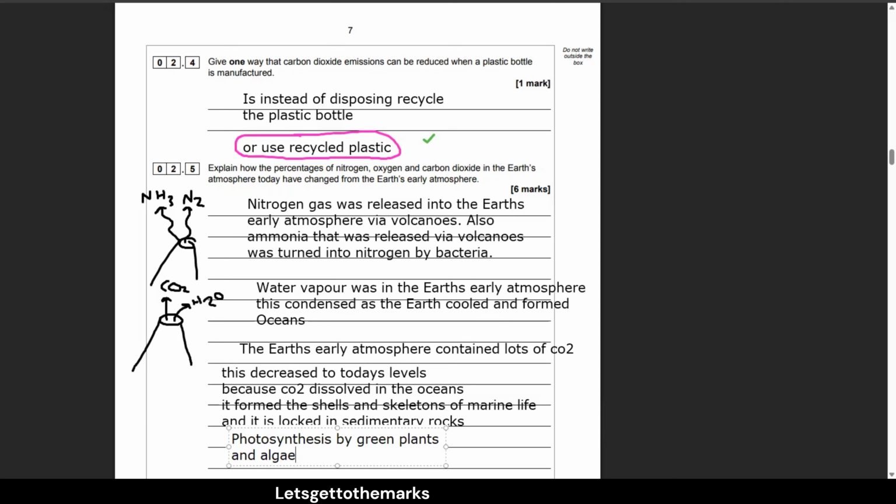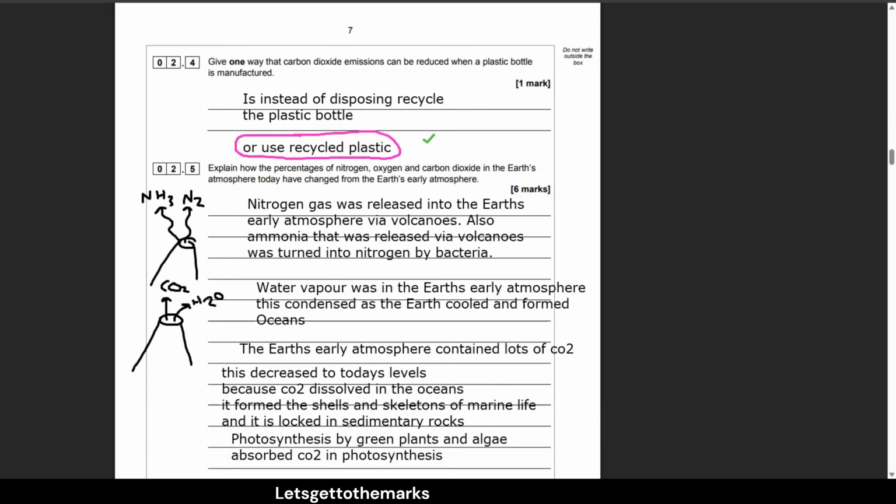It wasn't really algae, it was cyanobacteria, but never mind. They like you to say photosynthesis by green plants and algae, so we'll go with that. Photosynthesis by green plants and algae absorbed CO2. All of this contributed to the decrease in carbon dioxide in the atmosphere.